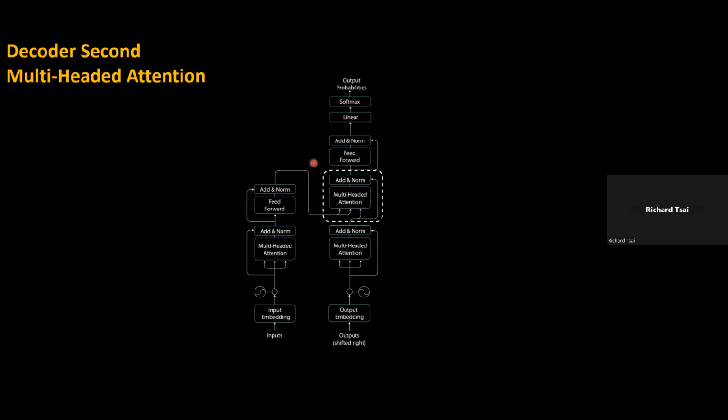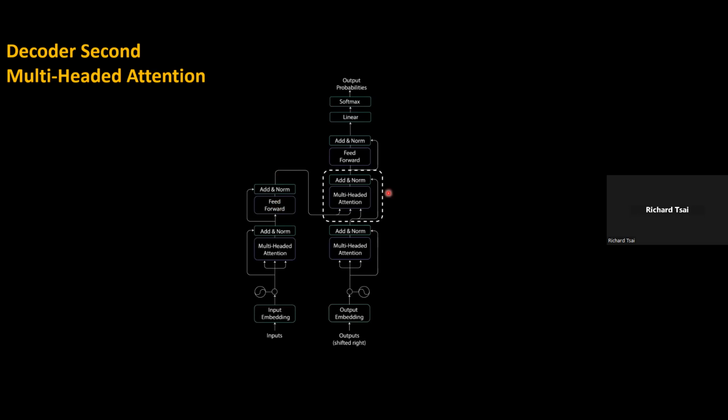This type of attention is unique because it spans both the encoder and the decoder. We can see that the encoder's information passes through this link to the decoder, and it is appropriately named encoder-decoder attention.